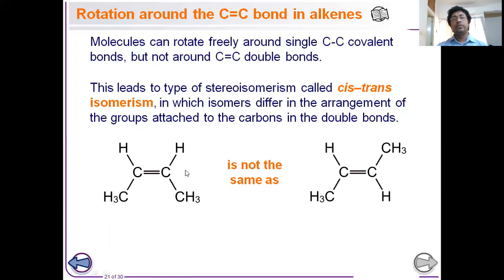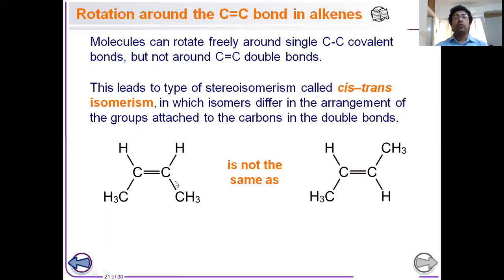And this one is not the same as this one, because rotation is restricted. So if CH3 is not on the same side, then these two have to be considered as different molecules. In space, their arrangements are different. Their structures are the same, but their arrangements in space are different.